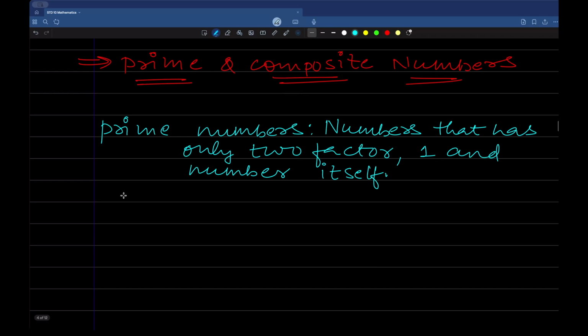For example, 7 is a prime number. That means 7 can be written as 1 into 7 and the factors are 1 and 7.